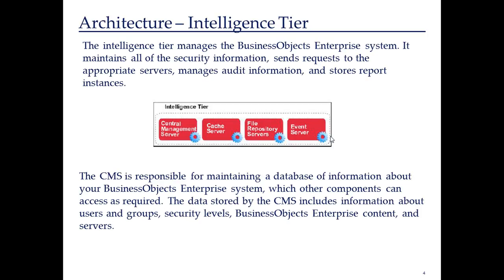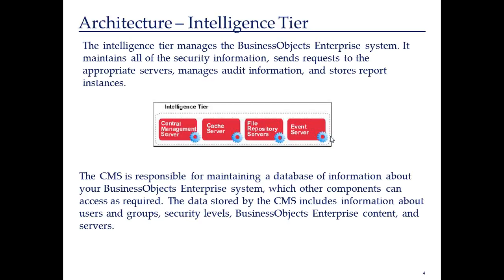So all the reports that you publish are not exactly stored in your CMS repository. They're stored in one of the folder locations on your server machine, and that path is going to be saved in your CMS repository. So that will be handled by file repository server.